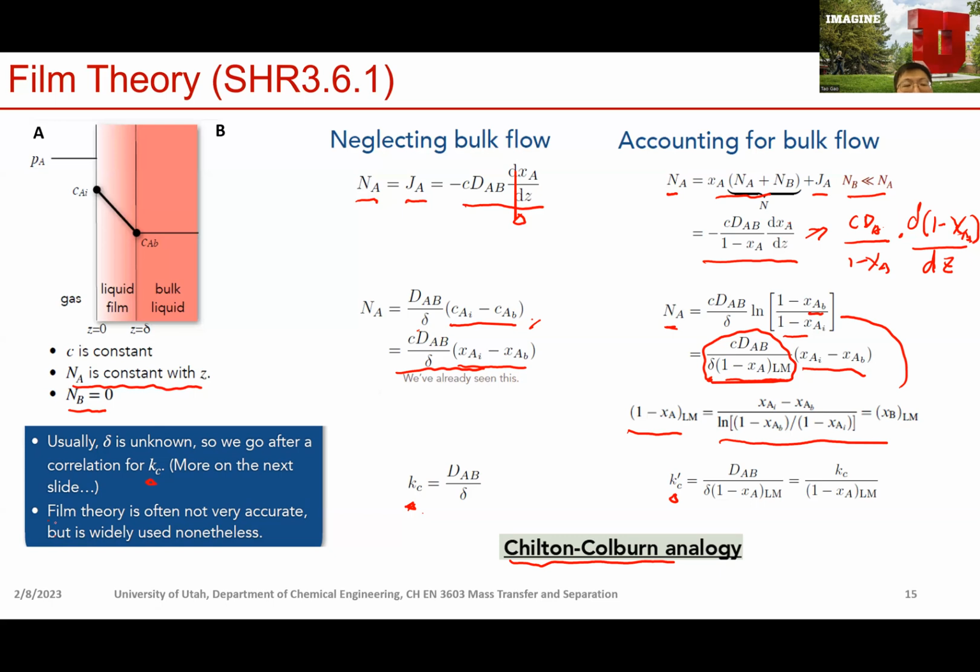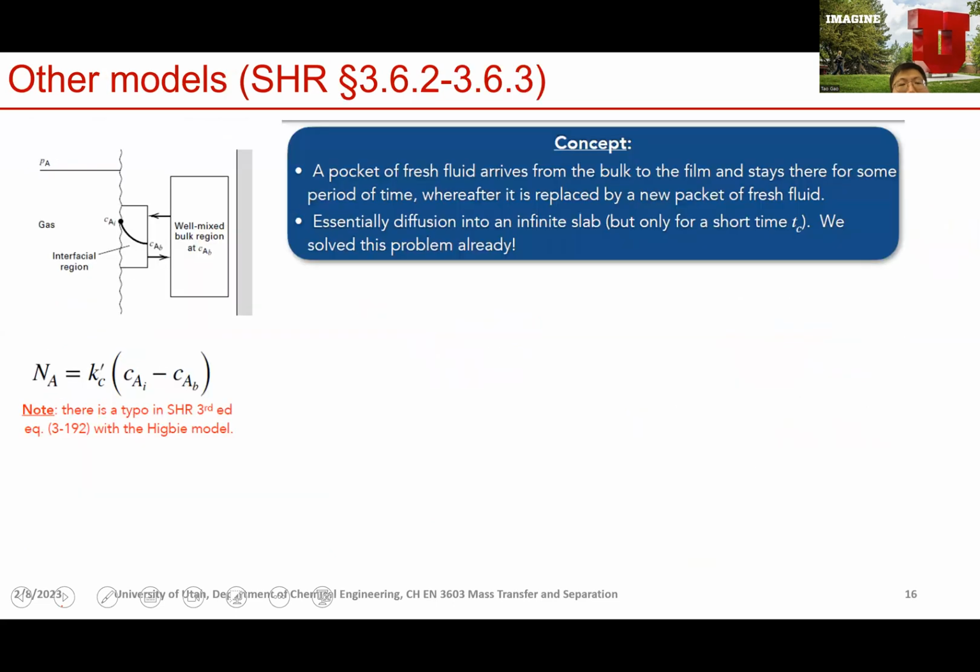But since film theory is not very accurate, there are other theories that make additional assumptions, trying to really mimic what is happening in this liquid film at the gas-liquid interface. The schematic of one such model is here. That basically assumes, now we have a gas-liquid interface.